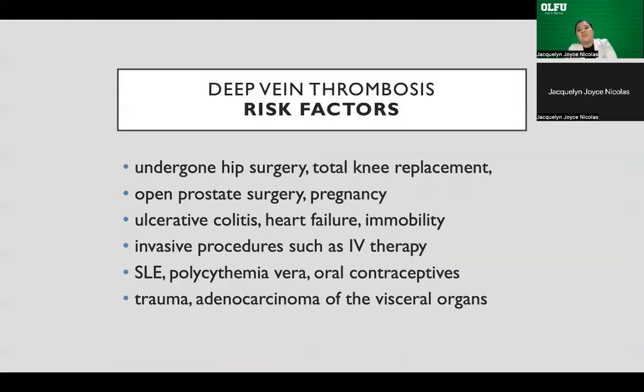Now, the most common risk factors for DVT would be those who have undergone hip surgery, those who have undergone total knee replacement, ayan, prostate surgery, pregnancy, ulcerative colitis, heart failure, immobility. Now, there are so many things pa. Pero tandaan, if you can see, bakit ma'am ganito? Kasi it poses a risk when it comes to the presence of blood, bleeding, blood clots.